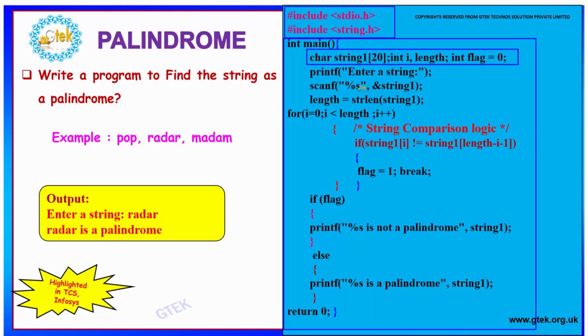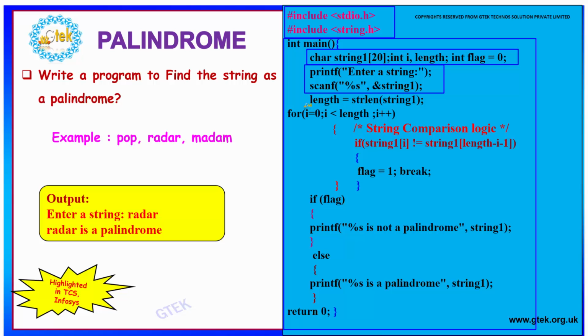We'll further see as we proceed what the uses of these variables are. Initially we have to get the word in order to solve it. So we are getting the word using a printf statement and scanning the word and storing it in a string that is of the type character.